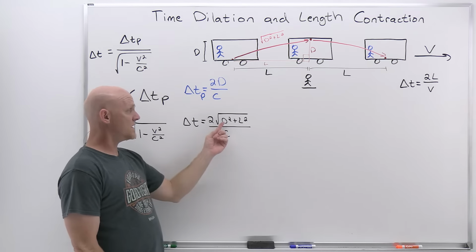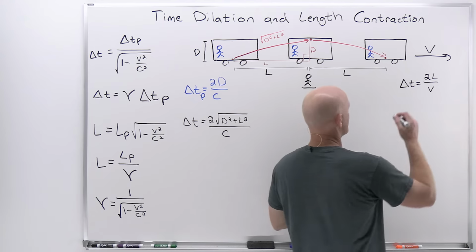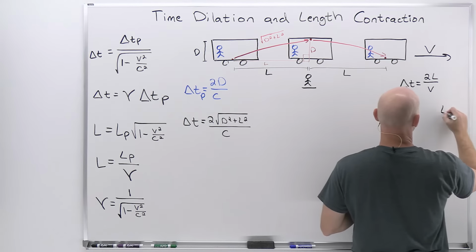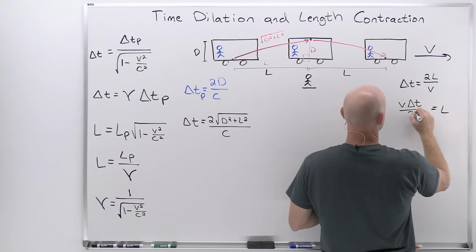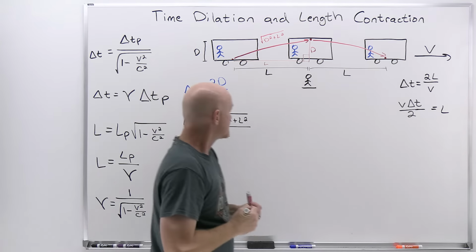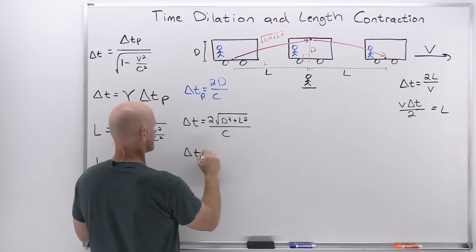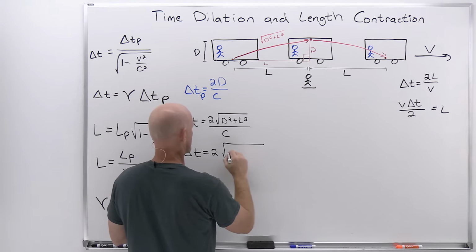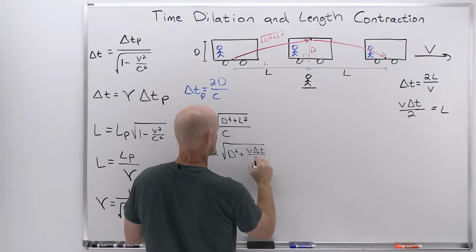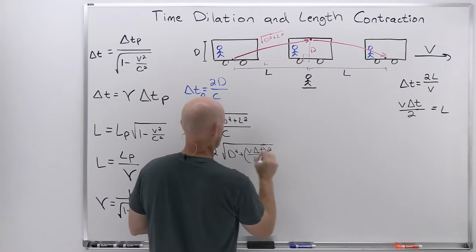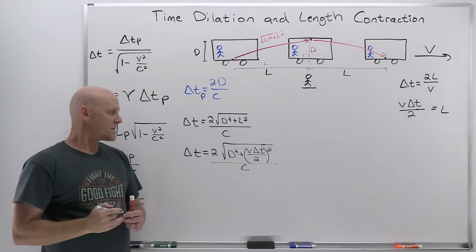All right, so in the end, we don't want D and we don't want L to show up in here at all. And so first thing we do is get rid of L. If we rearrange this expression right here, L is going to equal V delta T over 2. And we're going to substitute that right in here for L. And so we're going to end up with delta T equals 2 times the square root of D squared plus V delta T over 2 squared all over C. So it's real easy to get caught up in the weeds here.